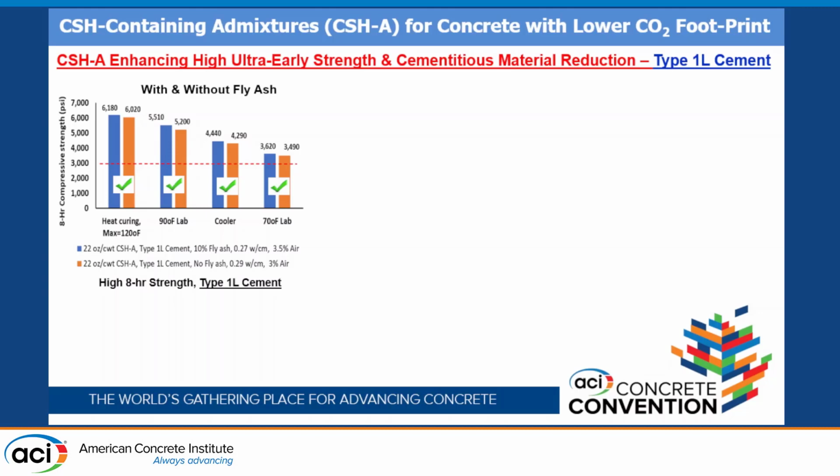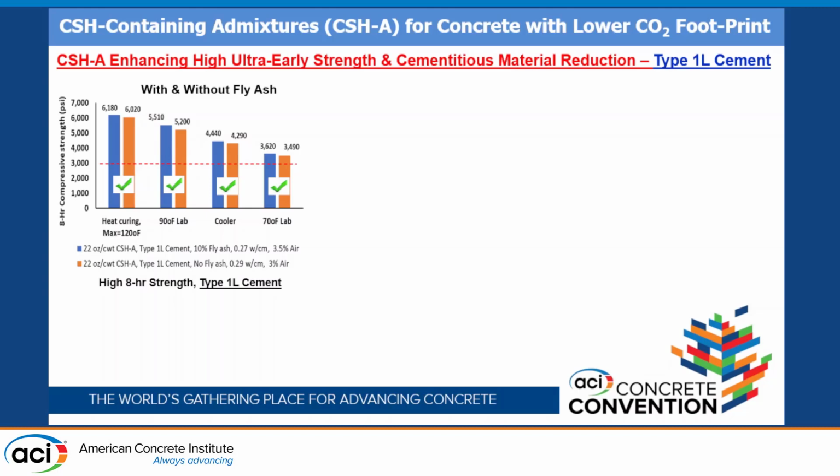You can see that in this case, with or without fly ash, with type 1L cements and these admixtures, we still can achieve very high strength at 8 hours. You can see here that at 70 degrees, in cooler conditions, at 90 degrees, or with heat curing, you can achieve very high strength. See, more than 3,000 without heat curing, 4,000 with cooler, and of course, when we have the heat going there, we get more.